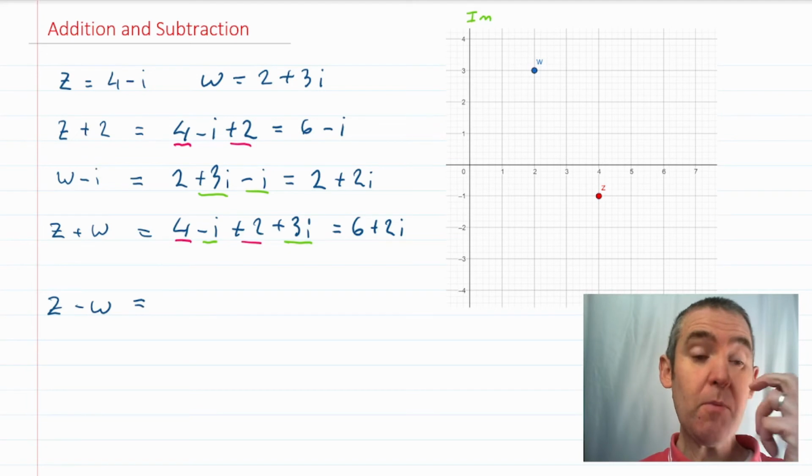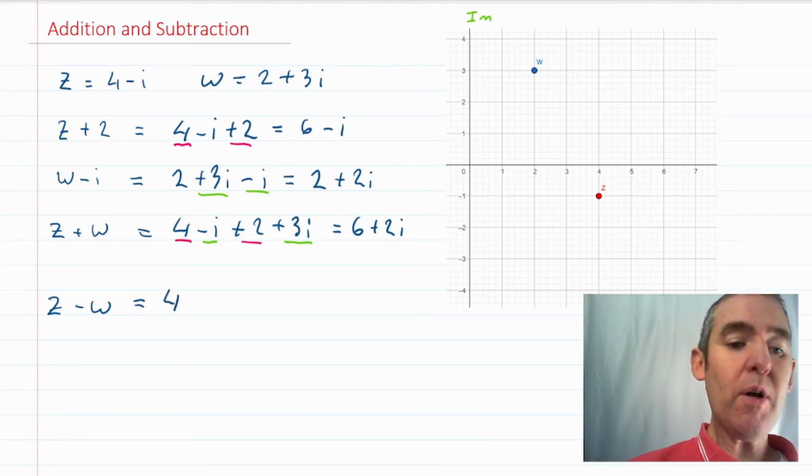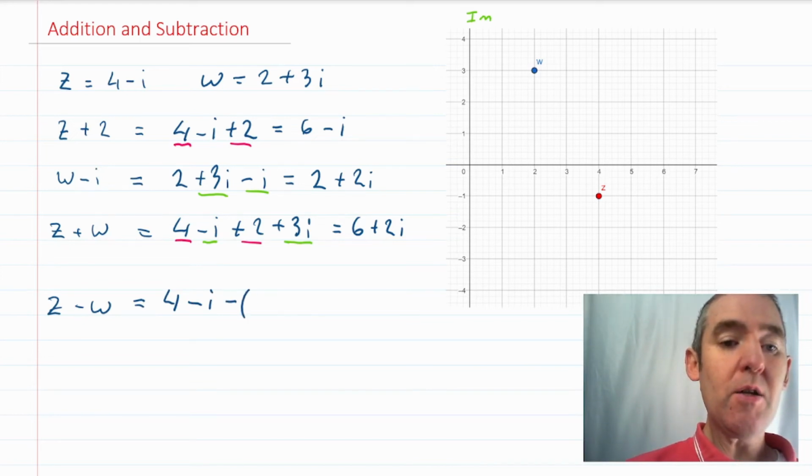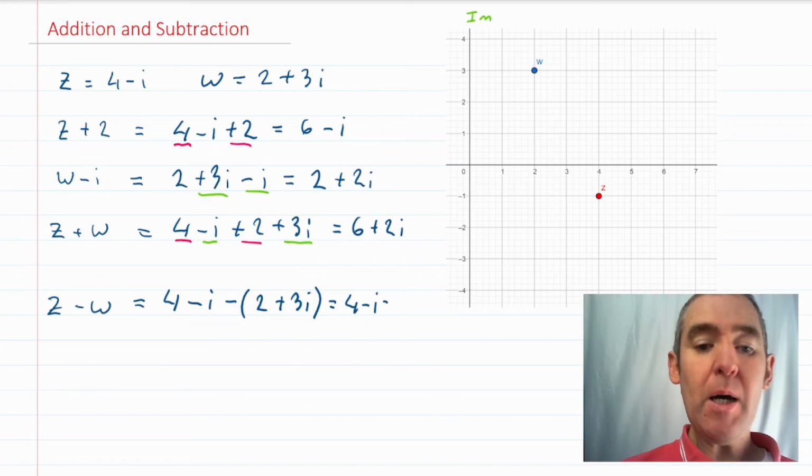Now what happens if you subtract them? In this case I would recommend brackets. So you have 4 minus i minus (2 plus 3i), which is w. This will go to 4 minus i minus 2 minus 3i.